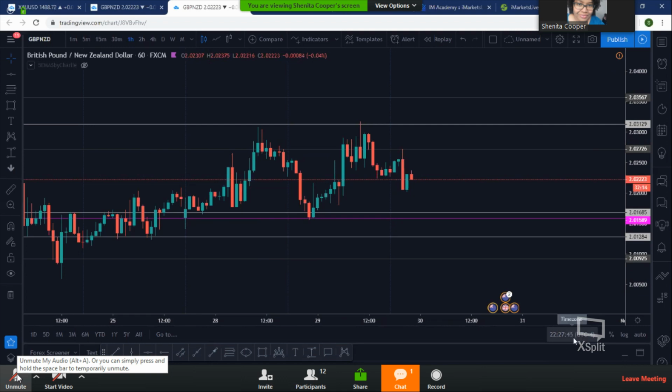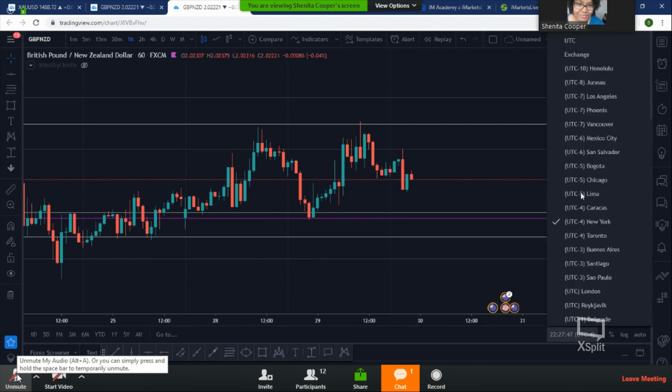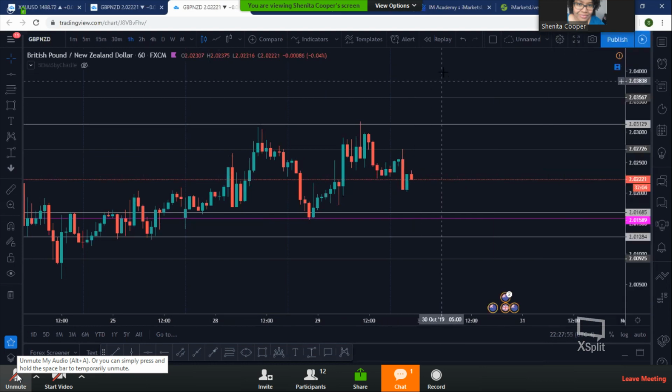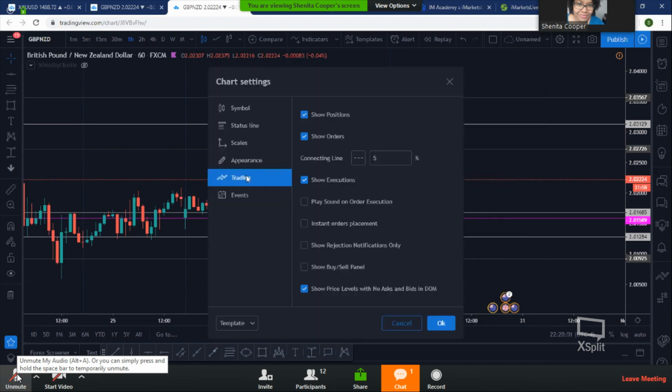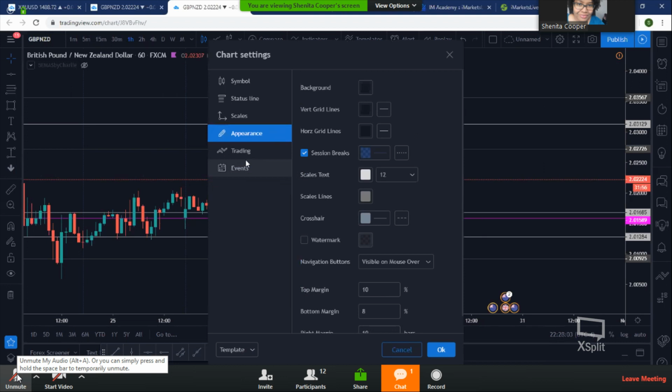Show you down here at the bottom. You guys see this at the bottom? Left click on that. You choose your time. Come to any black part of the screen, right click, go to settings, go to appearance. So right click, settings and appearance. Click on sessions break.